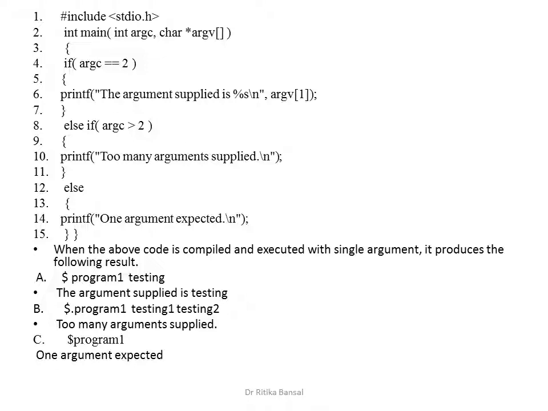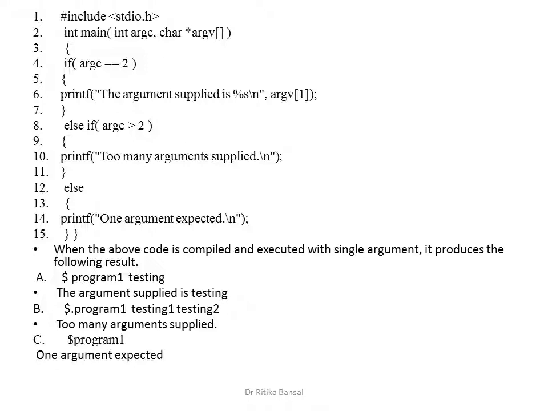Now we will try to map this with point number a. If point a is executed, program 1 space testing, it means total argc count will be 2. Program 1 is one thing and testing is the second. So line number 4 will be true and the sixth line will get printed. Argument supplied is testing.